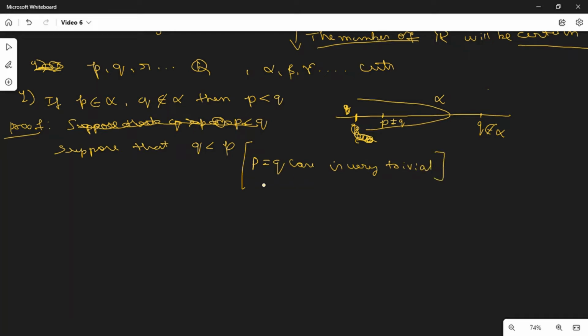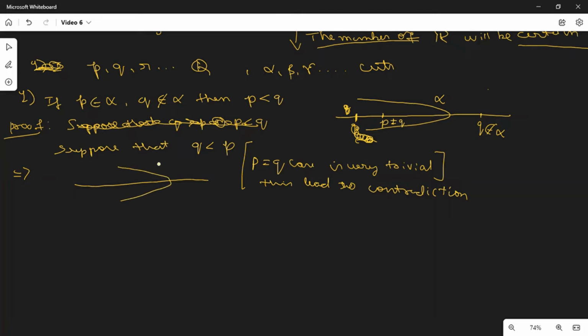So this leads to a contradiction. Very easily you can see, if P is equal to Q, how can P belong to alpha and Q not belong to alpha? That is not possible. Suppose Q is less than P. What is the second property of this kind of sets alpha?